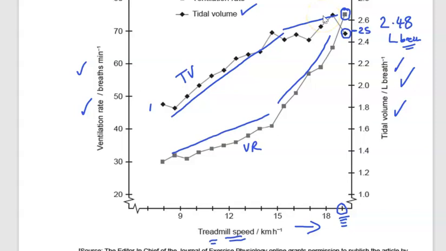Again, one needs to get the ruler on this to draw a horizontal line that goes across like this, conveniently goes through the text like so, and I measured this at 75 ventilations per minute. So it's 2.48 and 75.